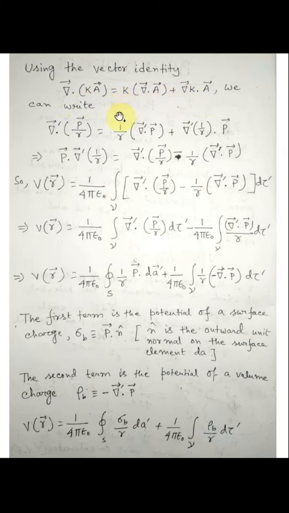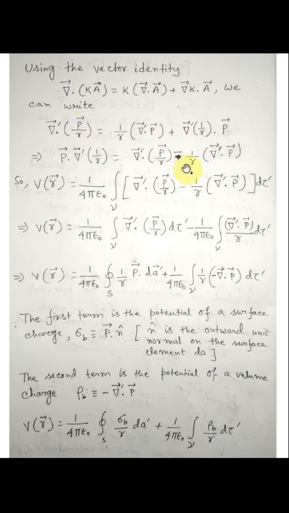This k is a scalar which is not dependent on direction, so we can keep it outside, and we have to use the gradient on that scalar function. We know that from vector calculus. Now if we use this, divergence of p vector by r, that is 1 by r divergence p vector plus gradient of 1 by r dot p.